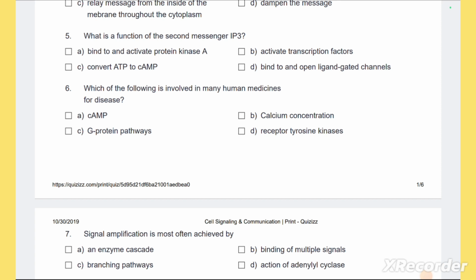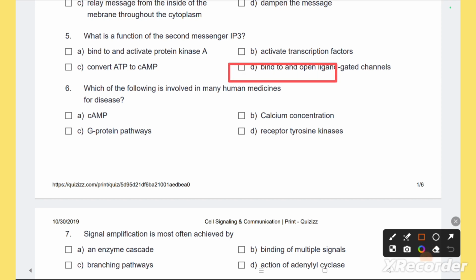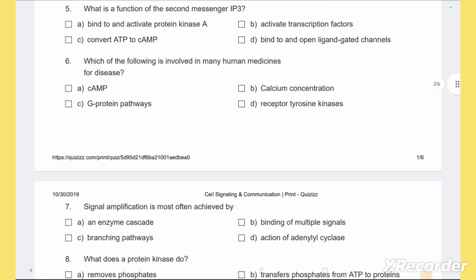Option A, bind and activate protein kinase. Option B, activate transcription factor. Option C, convert ATP into cyclic adenosine monophosphate. And option D, bind and open ligand-gated channel. So the answer of question number 5 is D. Moving towards question number 6.